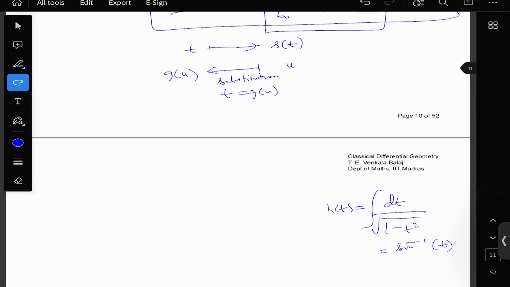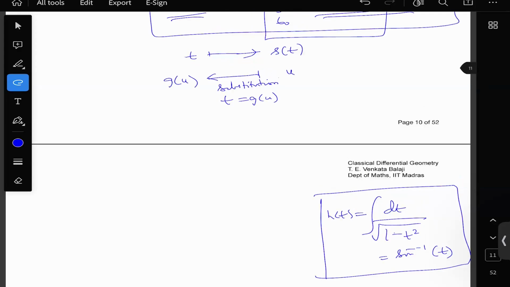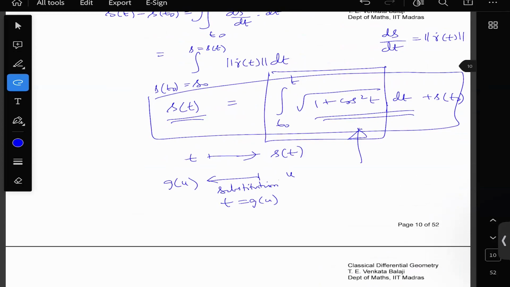So h of t is sine inverse of t. It's very easy to invert. The inversion of this integral is just sine, x going to sine x. So this is what it means to invert an integral. This is an easy integral to invert. The inversion is just the sine function. But the earlier one is very formidable. It's not at all invertible in terms of elementary functions.